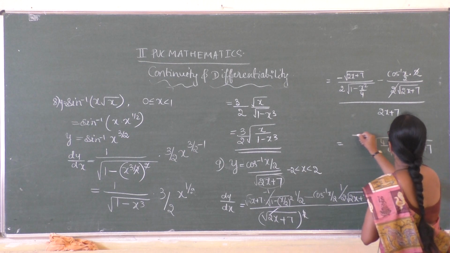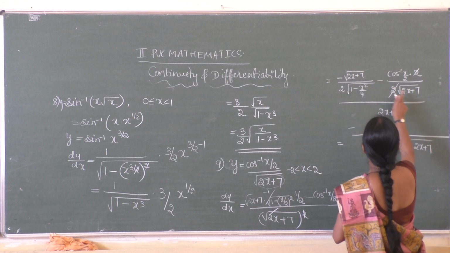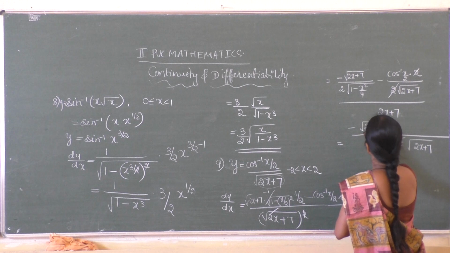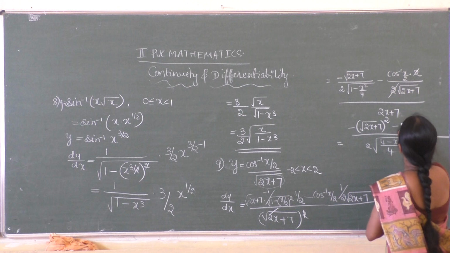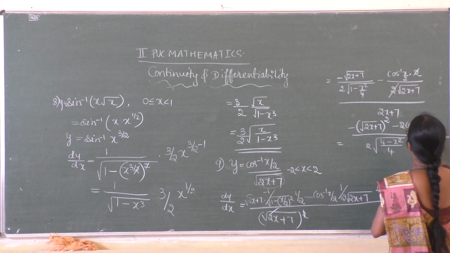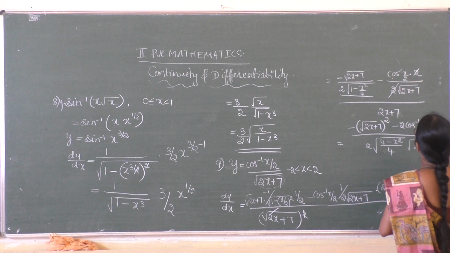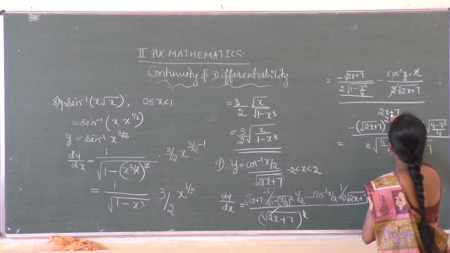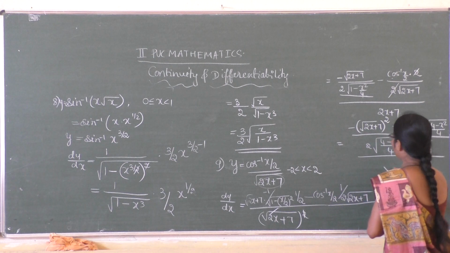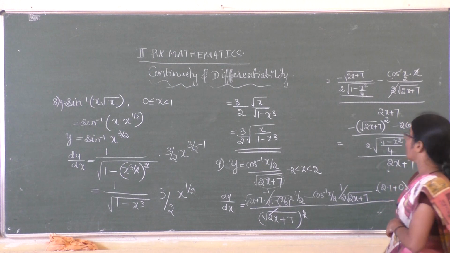This is the LCM. So here minus root 2x plus 7 into root 2x plus 7, so whole square, minus 2 into cos inverse of x by 2 into root of 4 minus x square by 4. So now in the denominator we have 2x plus 7.